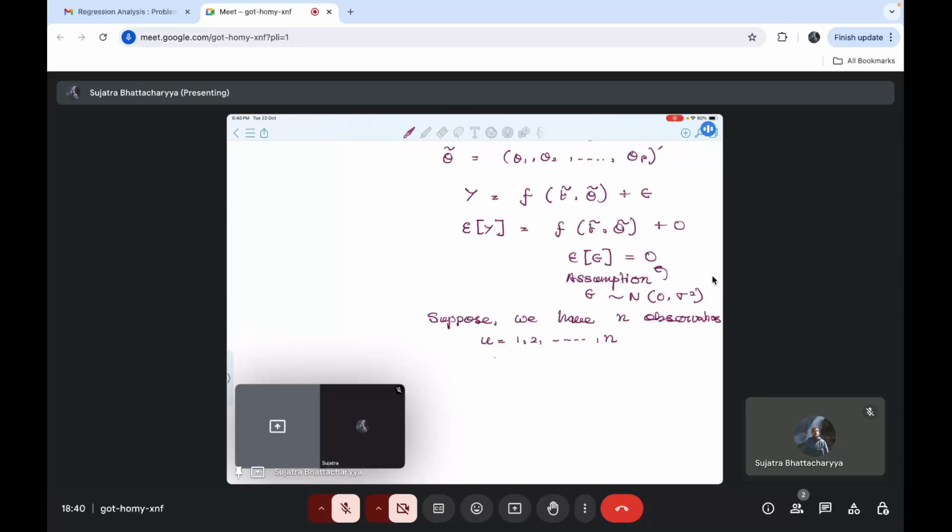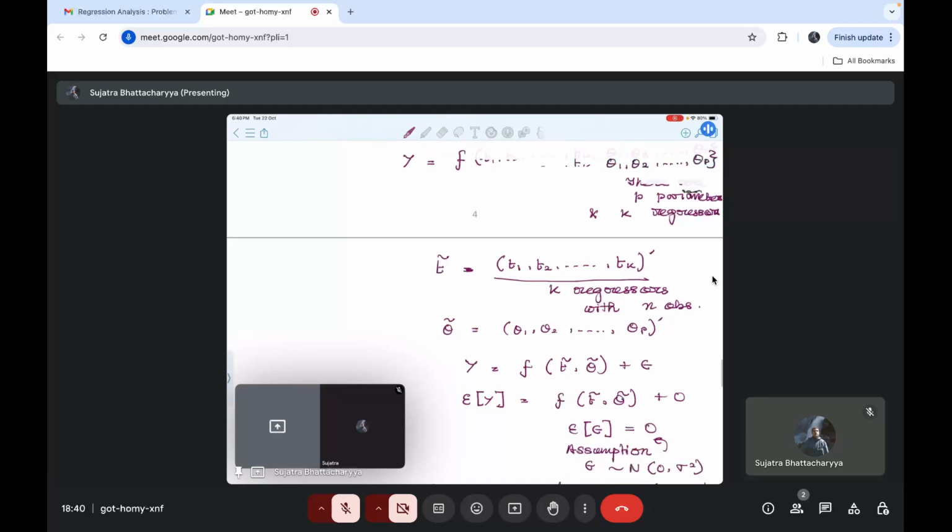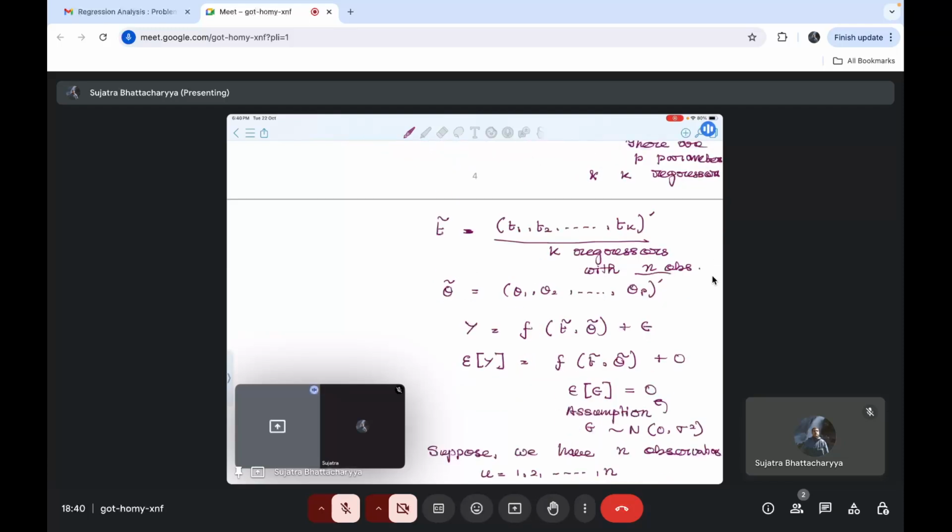So it will be y of u; that is, this response will have n observations, and each of the regressor variables t tilde will have n observations. Because you know that this t tilde has k regressors, but with n observations. I have already written it here.